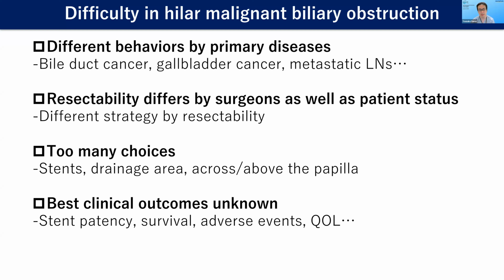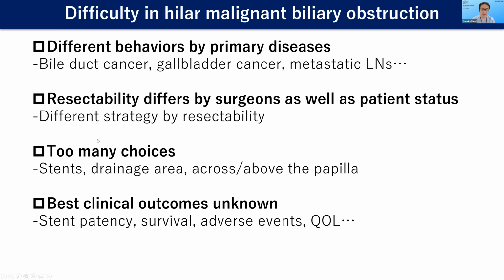And those cancers behave differently depending on the primary sites of cancer. First, we have to decide whether the patient is resectable or not, because if the patient has a malignancy with resectable disease, we have to consult surgeons and decide what kind of surgery the patient will have.